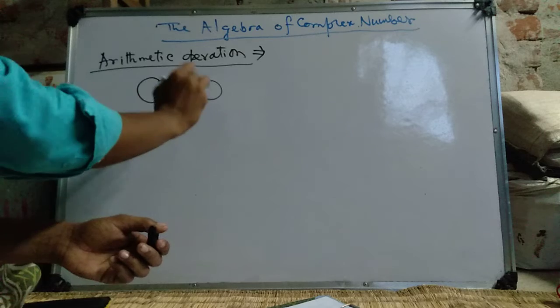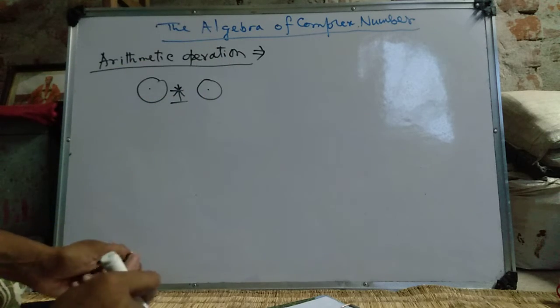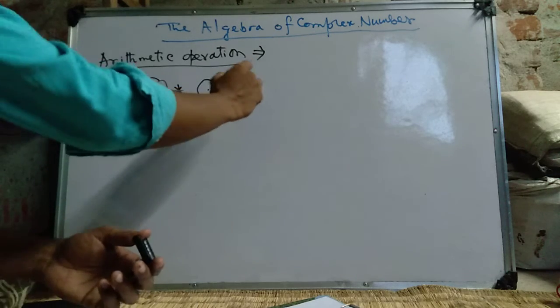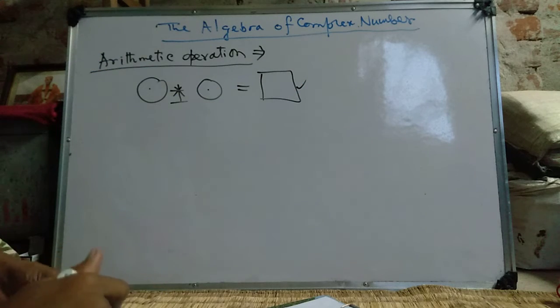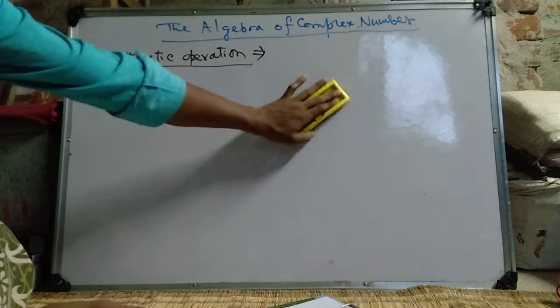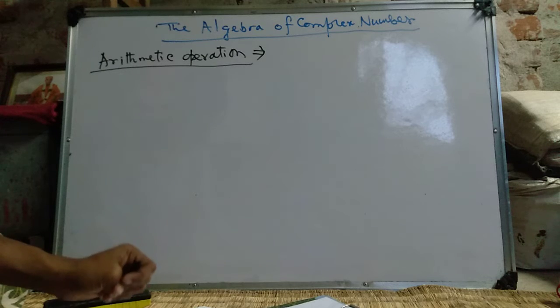If star is an operator, and two or more quantities are operated on by this operator, then we form or get another number, or another quantity. That's what we use here.